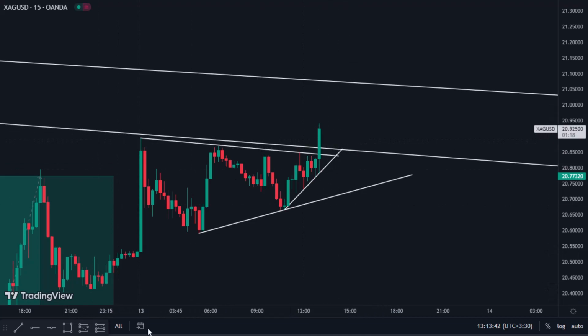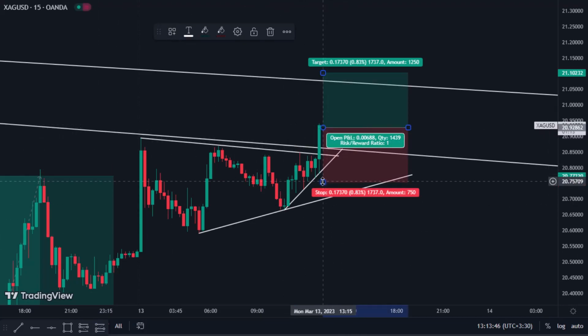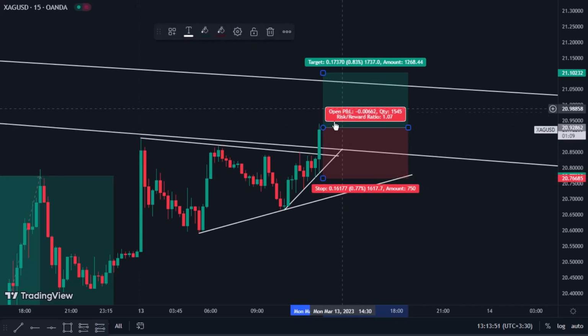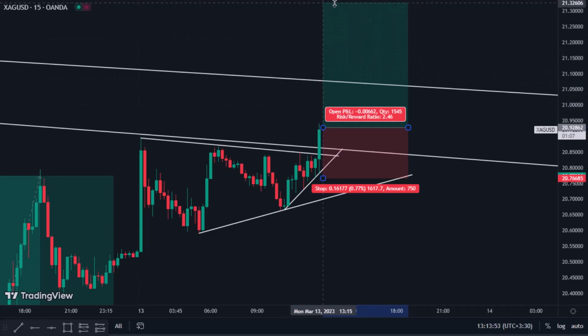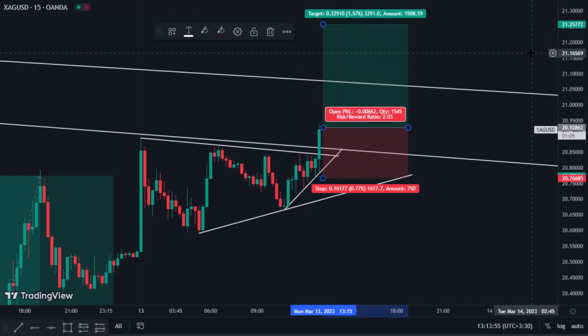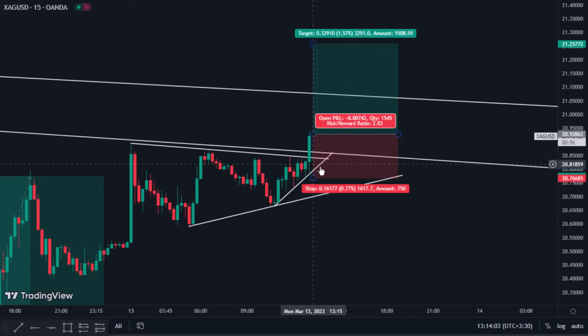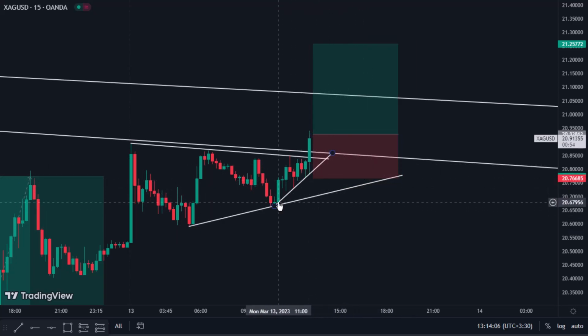If it closes like this, we can enter a buy position somewhere here and put our stop loss below the candle or somewhere safer like here, and look for risk to reward 2. If we see some stop loss activation here, we can go for sell positions.